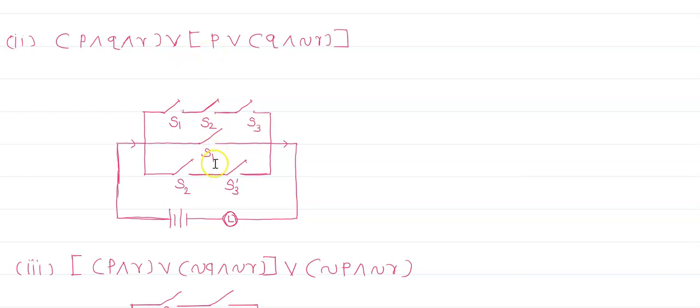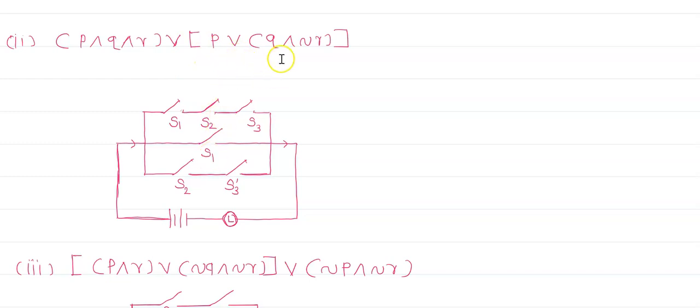P means S1. And again they are parallel with Q and negation of R. Q means S2, and negation of R is S3 dash. And this is the battery and the lamp. In this way we have drawn the circuit diagram for the given statement pattern. It's very simple again. P and Q and R are in series, or they are parallel with P, which means S1.